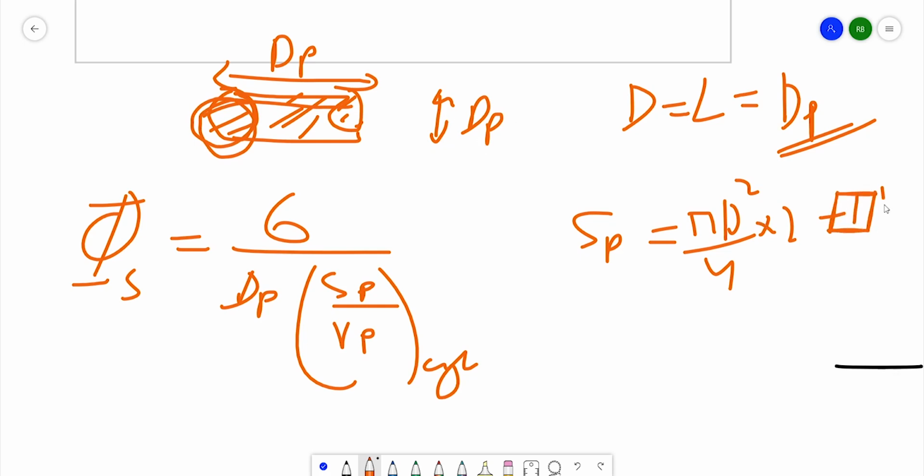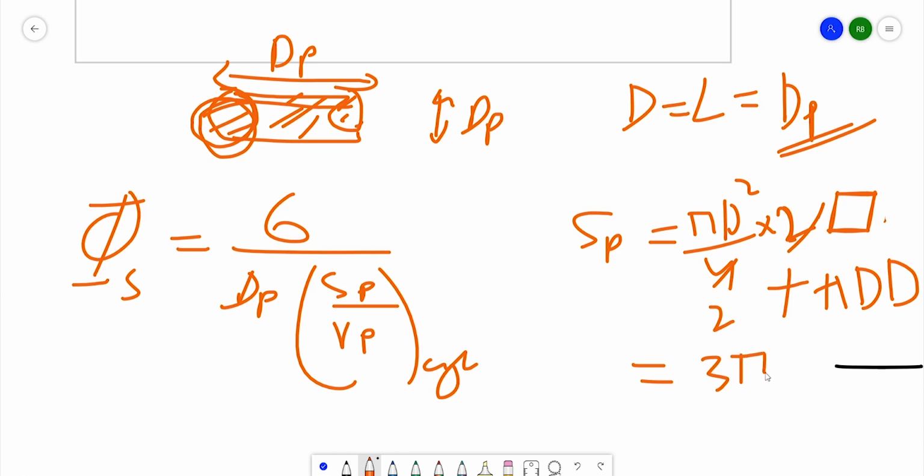So it is pi d square. Adding these, if you simplify, you get 3 pi d square by 2. That is your surface area.